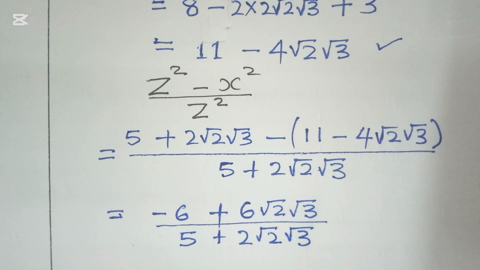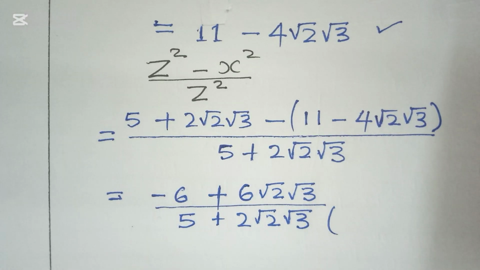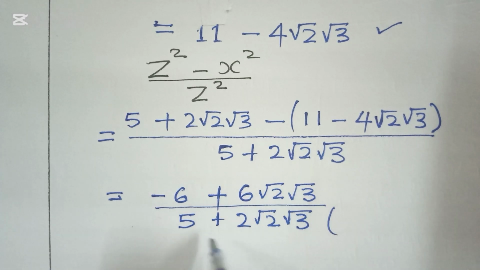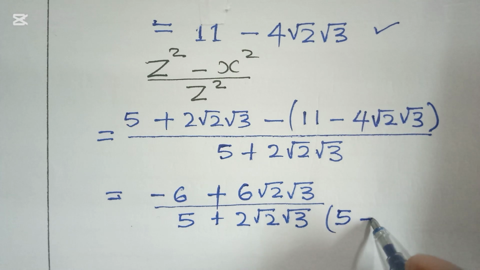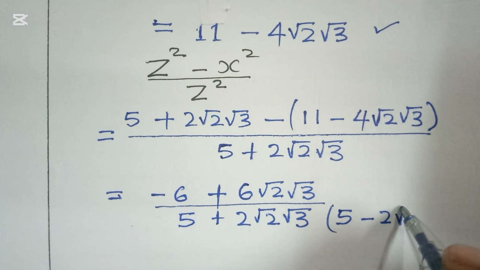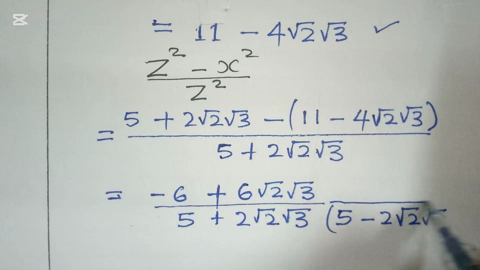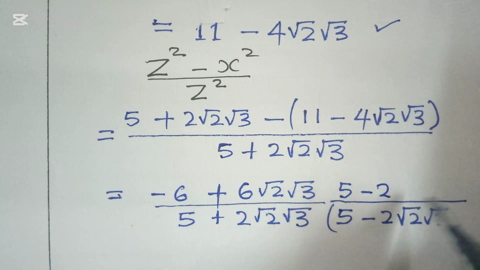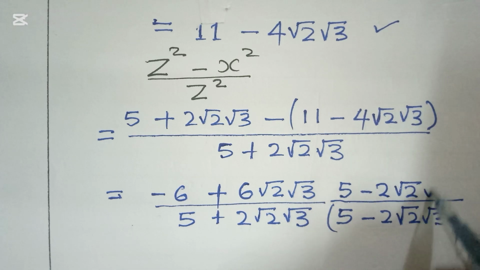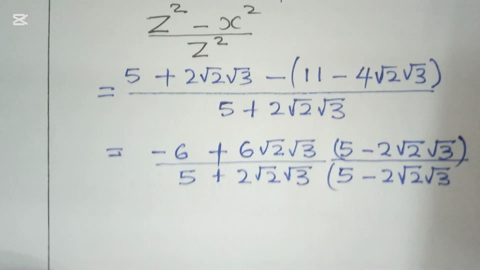We can now evaluate this by multiplying the denominator and the numerator by the conjugate of the denominator. So this one is 5 minus 2 square root of 2 square root of 3, the same on the numerator, 5 minus 2 square root of 2 square root of 3. So guys, we do that.